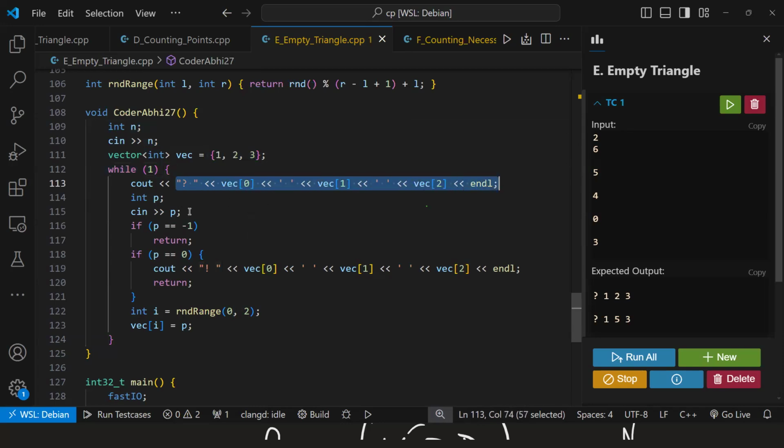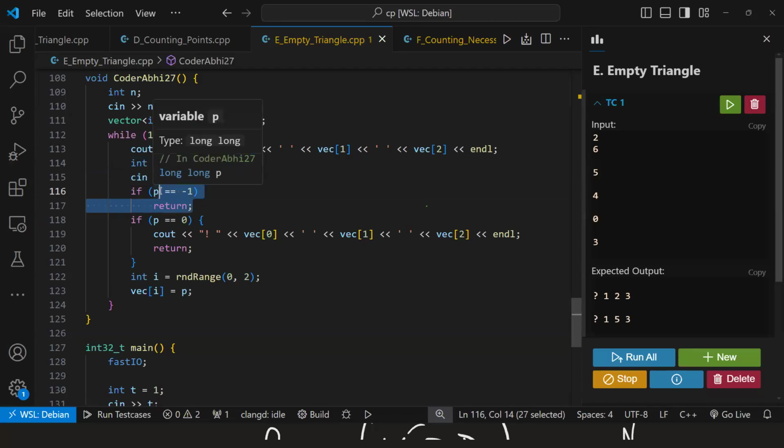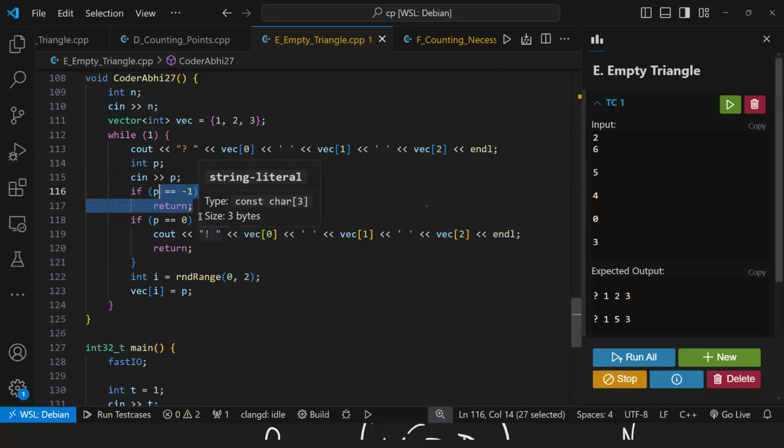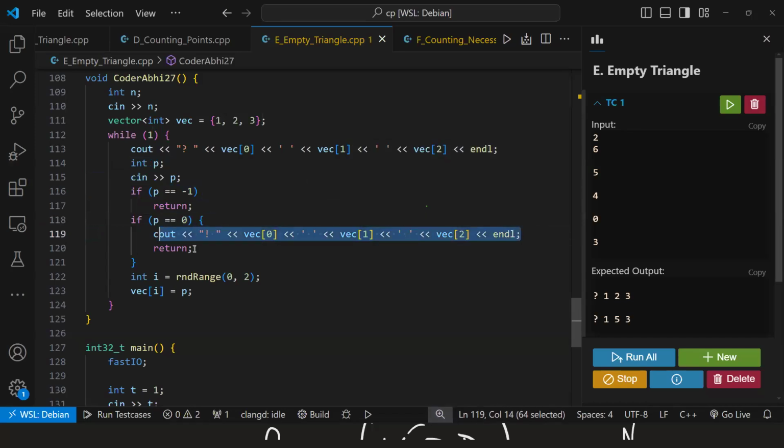Whatever input I get, if that is -1, that's just a wrong answer, so I return. You can even ignore that in your code. If P is 0, that means the triangle formed by these 3 points doesn't contain a point inside. So I got my answer. I'll just print these 3 points, that's my answer, and I return out.